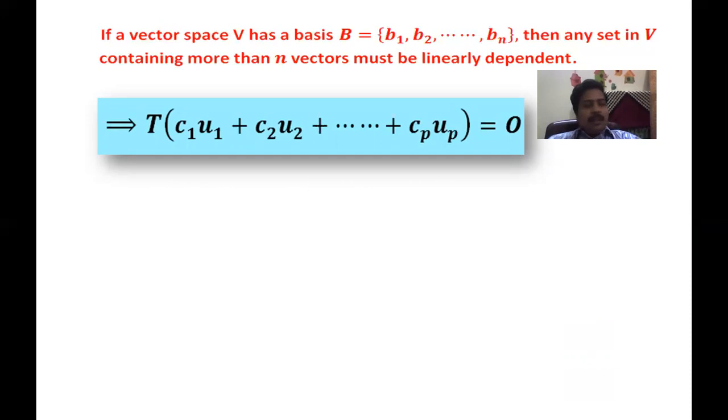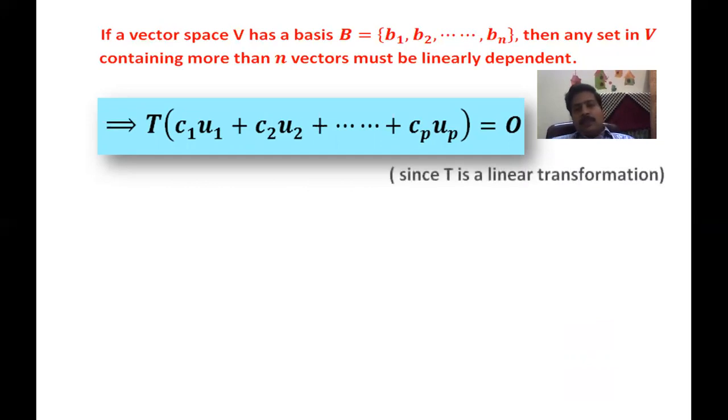Since T is a linear transformation, we have two properties: T of u plus v is equal to T of u plus T of v, and T of cu is equal to c times T of u. So this is the combined property of those two properties. Using those two properties, we can conclude this.